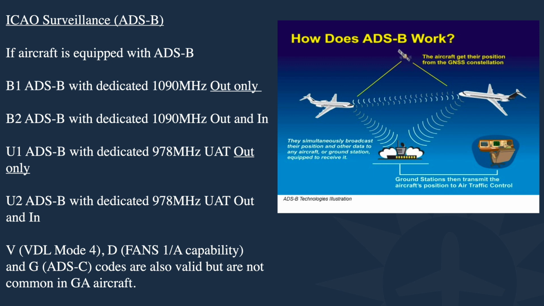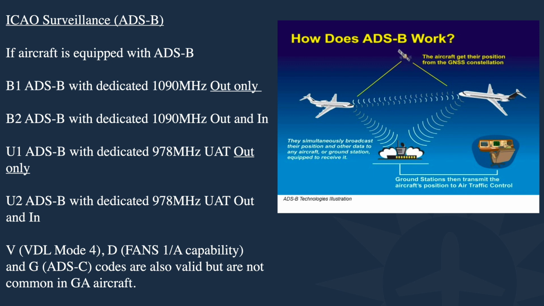The next part of the ICAO surveillance code is the ADSB codes. Generally, the ADSB codes come in two different types. One is 1090 megahertz and the other one is 978 megahertz, or we'll call it a UAT. The 1090 megahertz ADSB units are designated with a Bravo code, and the 978 megahertz ADSB units are designated with the Uniform codes.